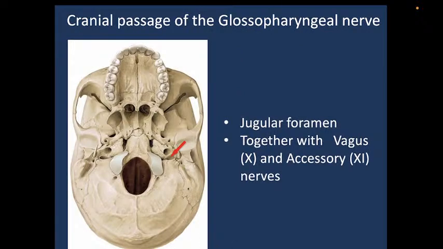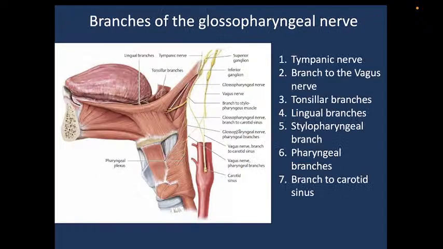The cranial passage of the glossopharyngeal nerve is called the jugular foramen, an opening for three cranial nerves, number 9, number 10, and number 11. So all of these three nerves pass through the skull in the jugular foramen.